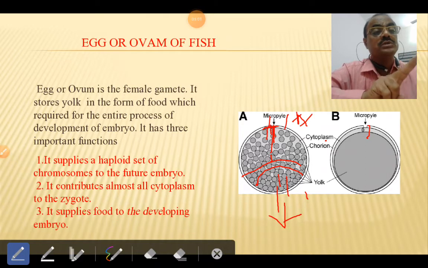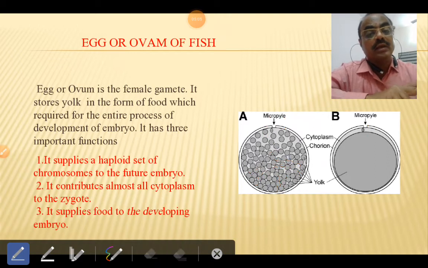So there are two poles, one is the animal pole and the second is the vegetal pole. Okay.